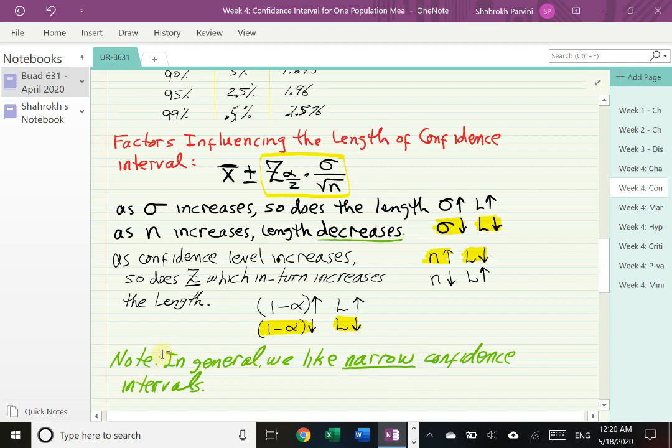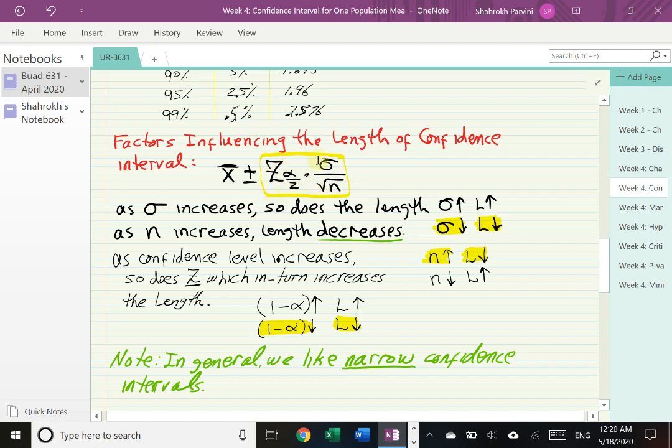So how can we actually achieve a narrow confidence interval? Well, we can do it by investigating what's to the right of the formula for the confidence interval. This part: z alpha over 2 times sigma over root n.